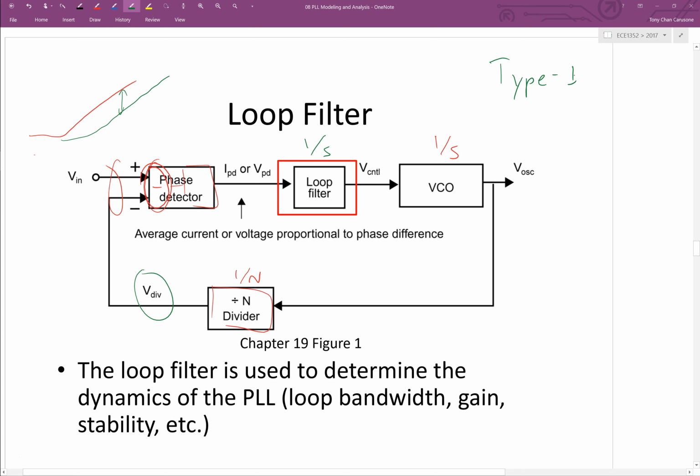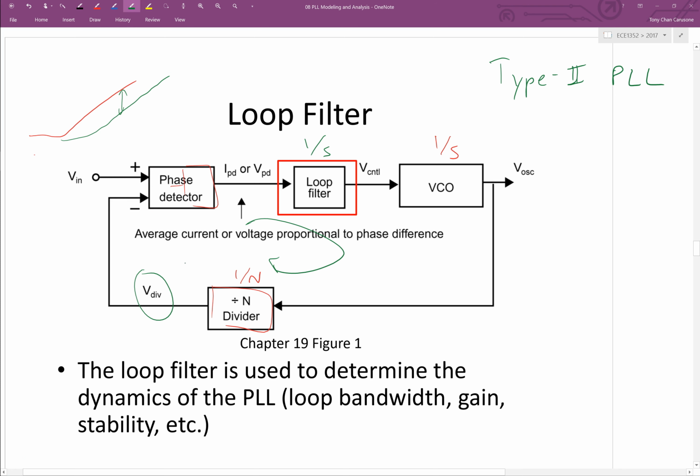So we go and put another integrator in here, and then we get what's called a type 2 loop, or type 2 PLL. Now, as I've drawn it here, we understand that we need a bunch of gain. We need a high gain around this loop to ensure that the tracking is very accurate at the input.